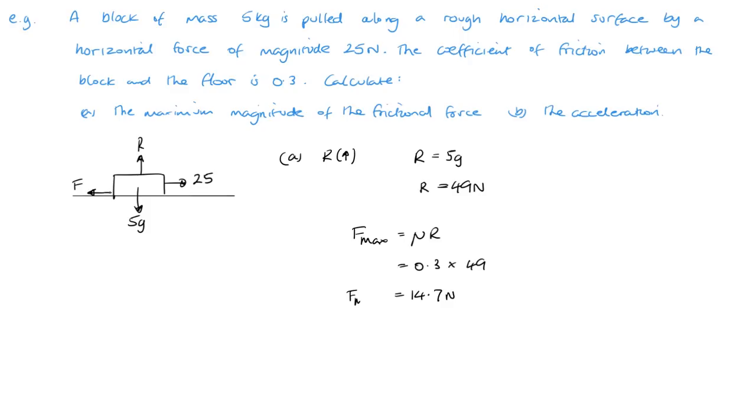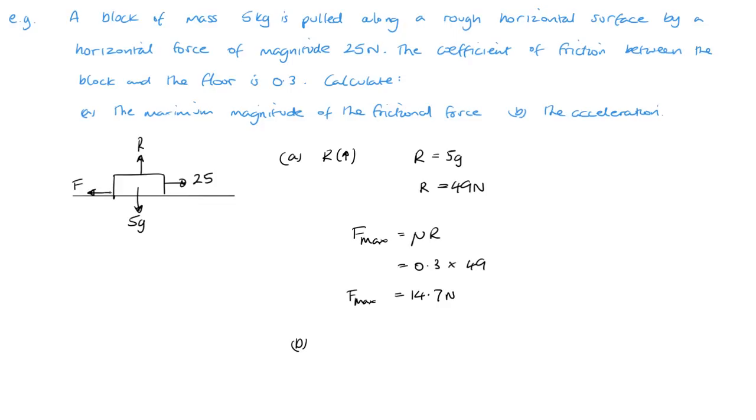So my maximum frictional value is 14.7 newtons. So say this was 14 newtons instead of 25, this block wouldn't move. Okay, because it has to overcome the 14.7 for it to move. And friction can be any value up to 14.7. 14.7 is its maximum or its limiting value.